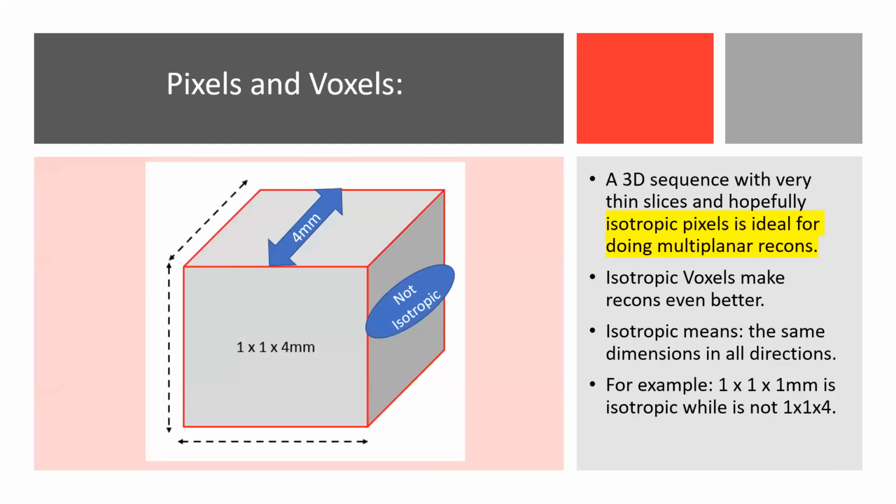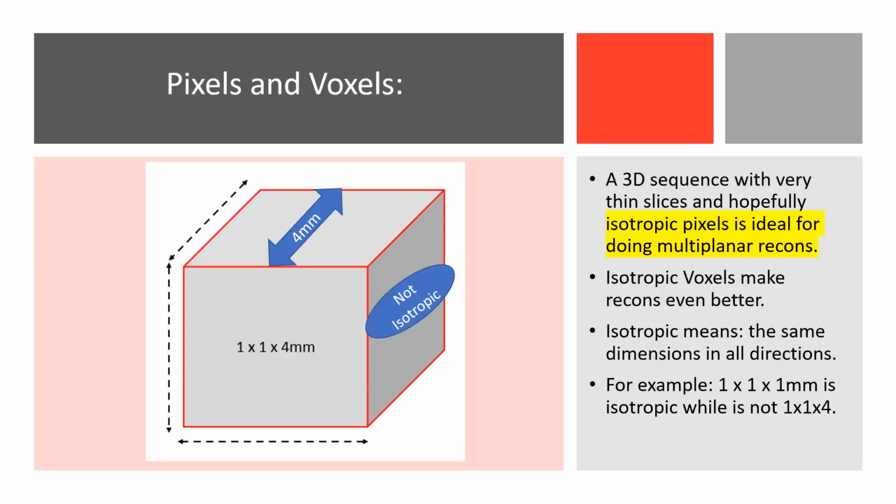Okay, so this voxel right here, what if they showed you this pixel, this image, and they say, is that an isotropic voxel? Well, if all you got was 1 by 1 by 4, is that an isotropic voxel? No, it is not.